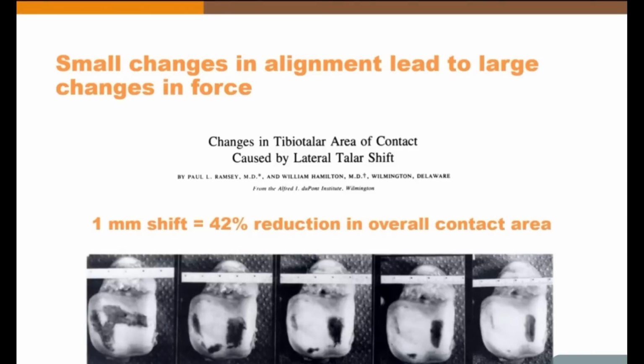And you can see if you go from the left, where there's a relatively broad swatch of black contact, to the right, where it's a very narrow, concentrated area, that very small changes in alignment, 1 millimeter shifts, lead to large differences in pressure.